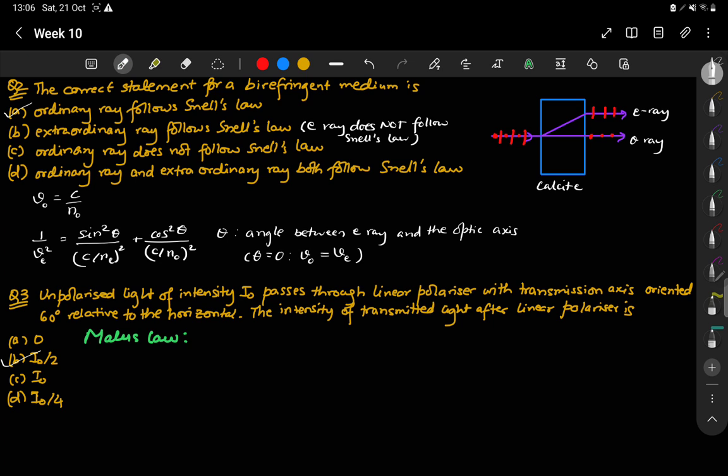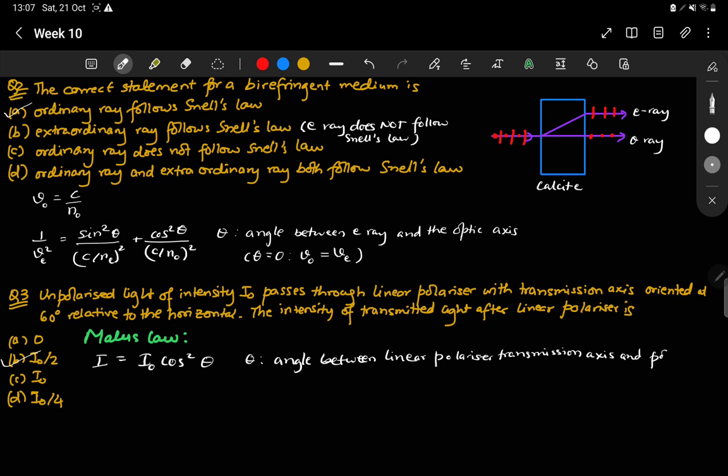So Malus law states that the output intensity after a polarizer is I naught, which is the input intensity, times cos squared theta, where theta is the angle between the linear polarizer transmission axis and the polarized light polarization direction.